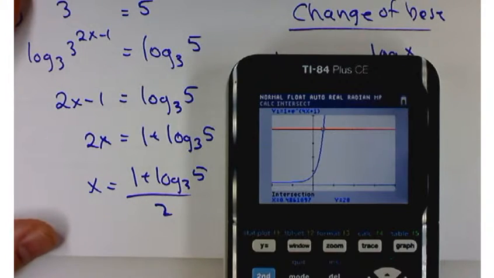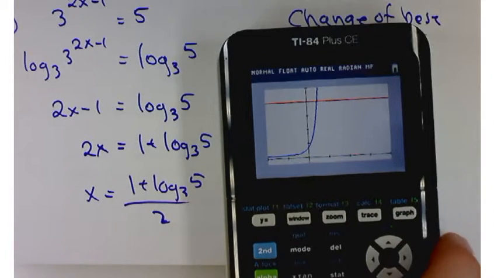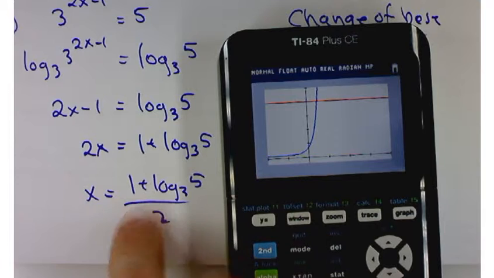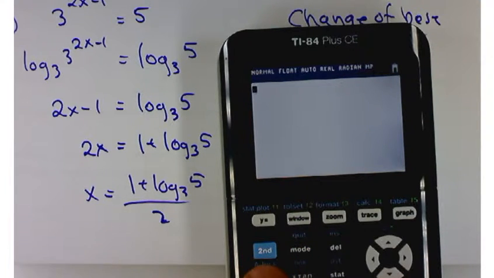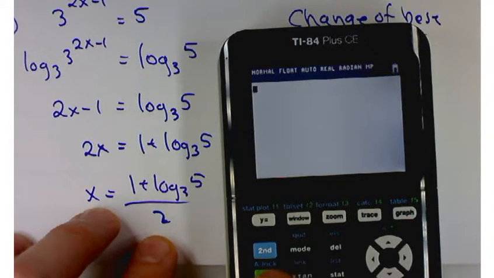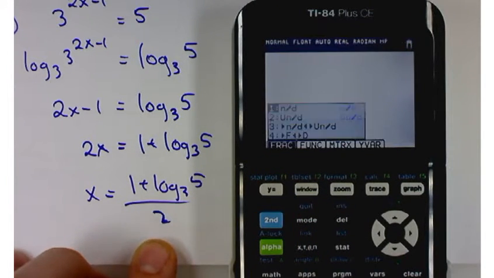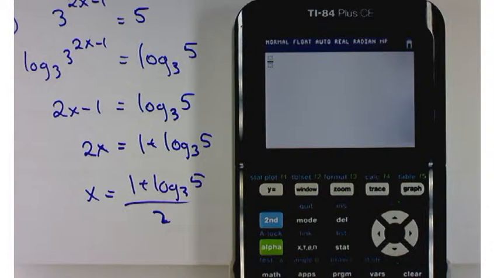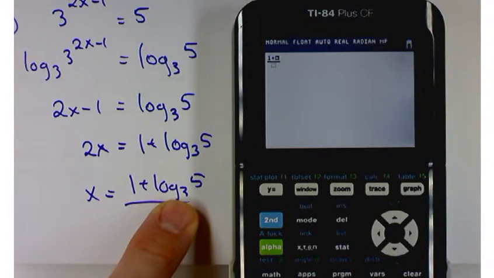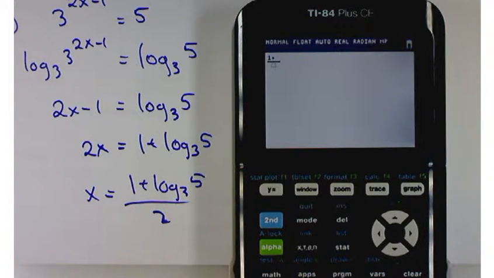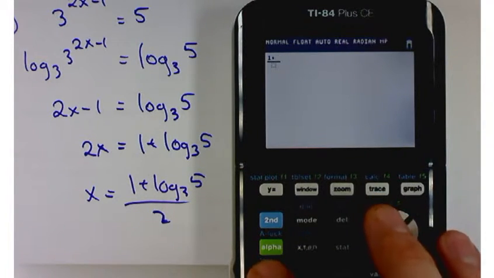So again, it's handy to have that little number key, that little trick that allows us to do fractions. So I'm going to hit the alpha key, y equals, first option down, and do 1 plus. Now I need log base 3 of 5. Well, you can get that a couple ways. Some people like to do it off the math menu.